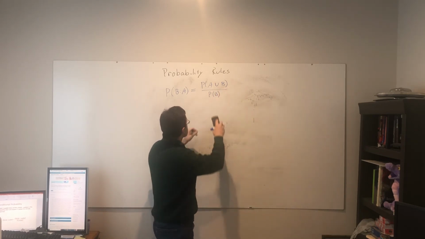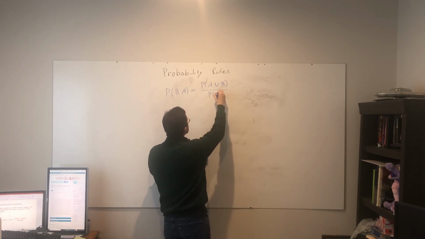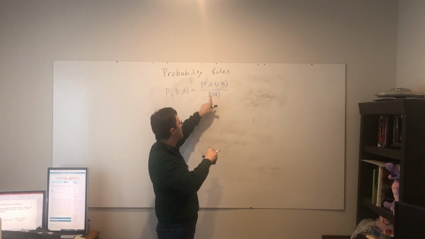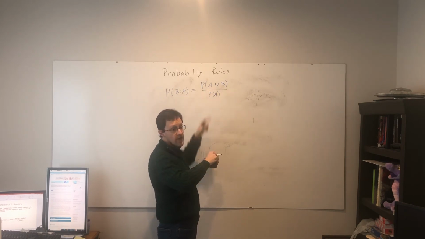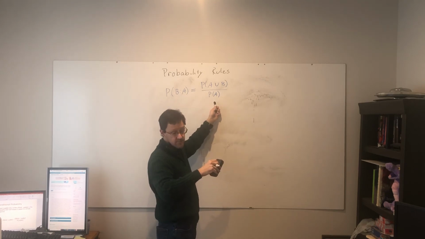As I said, I'm going to put it here, the probability of B if we knew A already happened. So it's the probability of both divided by the probability of A in the first place.